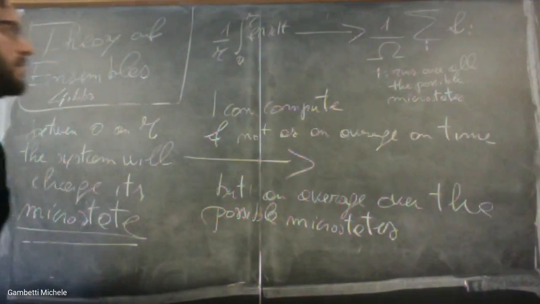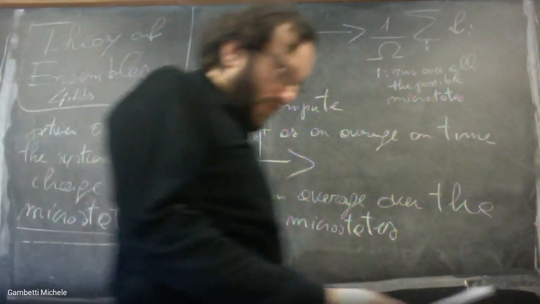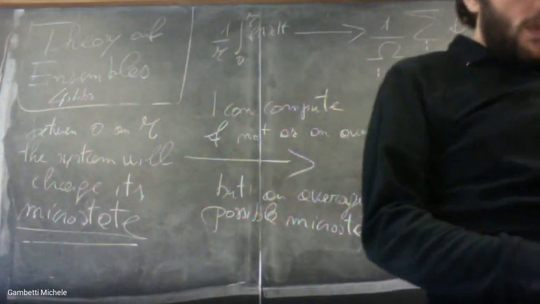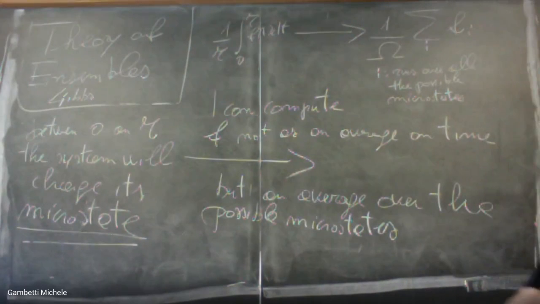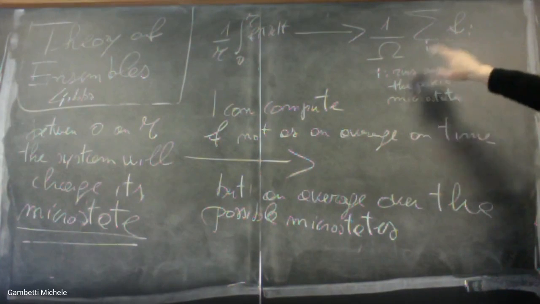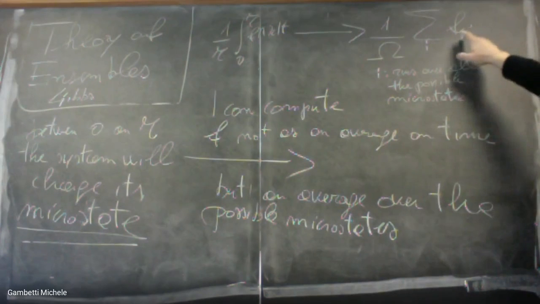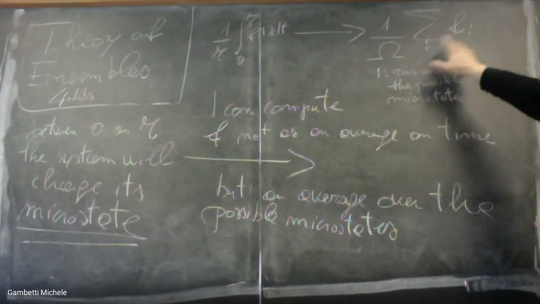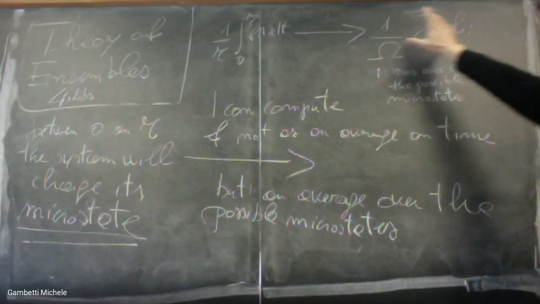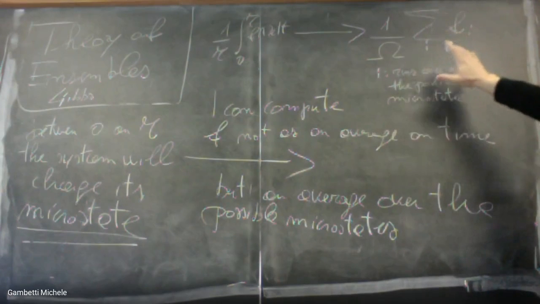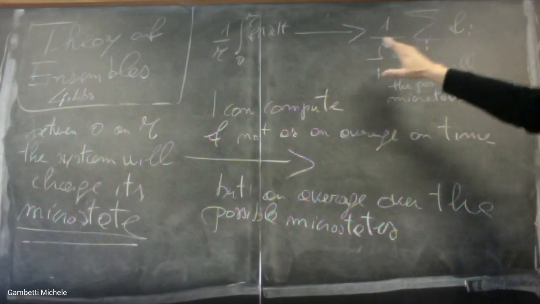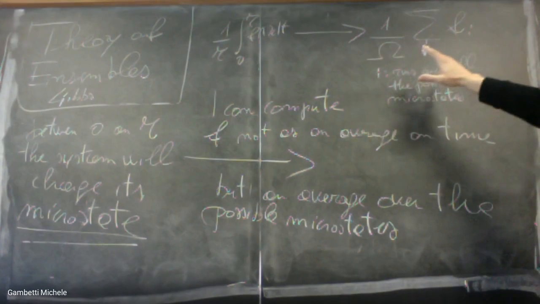Okay, so this is the basic assumption of ensemble theory. And of course, now there is a hidden assumption here. There is another assumption that I somehow consider, which is typical of the microcanonical ensemble. Somehow I am saying that this should be a sum or integral of f over a probability distribution function.